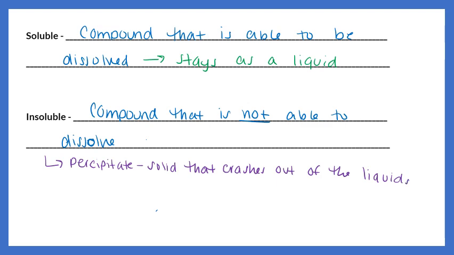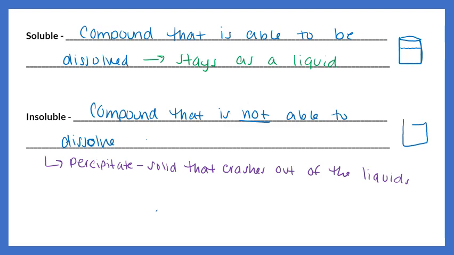So this is what you saw when you put two liquids together and a solid appeared. That solid was a precipitate. It was an insoluble compound. It was not able to be dissolved. I would like to just draw this. So soluble, you have your cup, you've got your liquid and the compound, you can't see it.